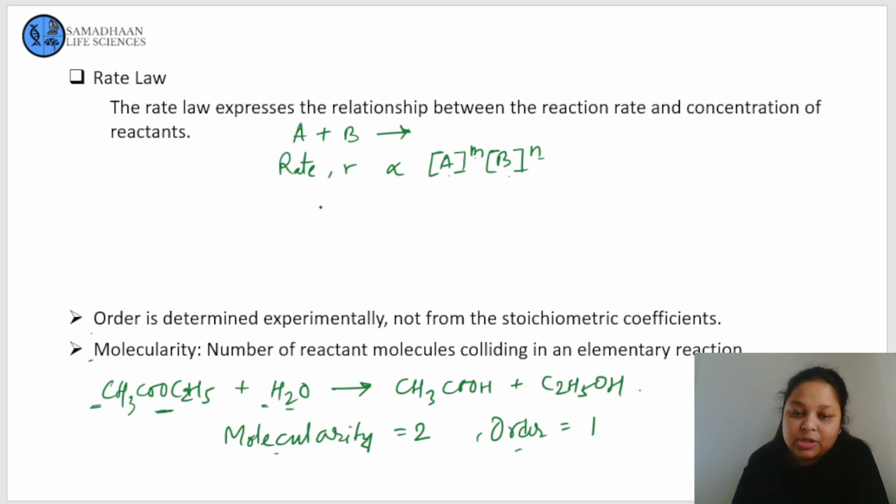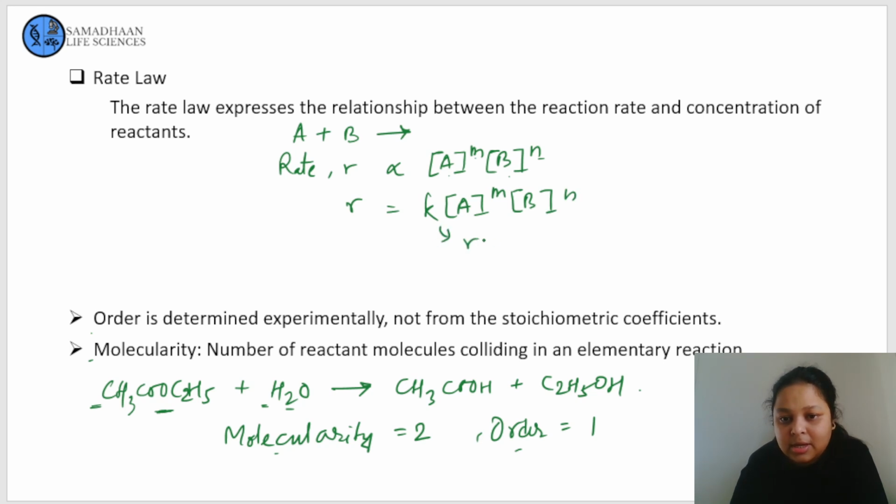Okay, now let's go back to the rate law. I wrote that the rate is proportional to concentration of the reagents. To break this proportionality, I will take a constant, and this constant is the rate constant. For this particular reaction, overall order will be m plus n.